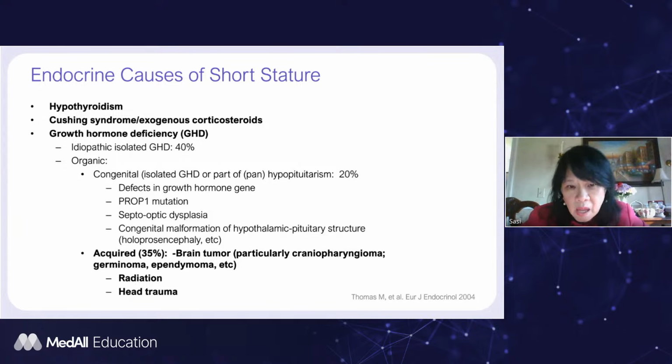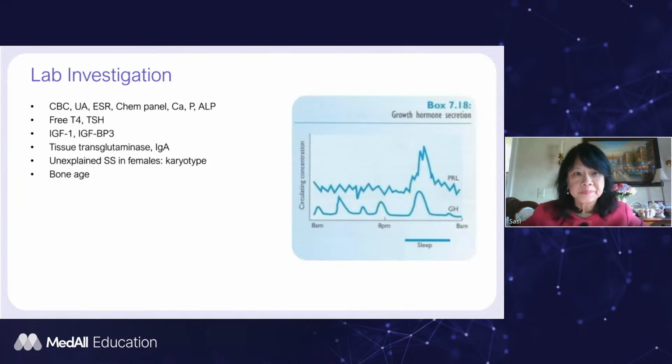The common cause would be craniopharyngioma, but sometimes it can be from germinoma or ependymoma. And then acquired cause can be due to the late effects of treatment for different types of malignancy, such as cranial radiation. And it can also be caused by head trauma as well.